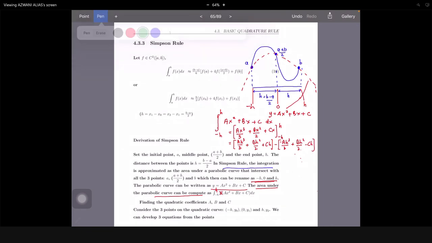Okay, so mana boleh cancel, kita cancel. Finally, you akan dapat 2ah kuasa 3 over 3 plus 2ch.